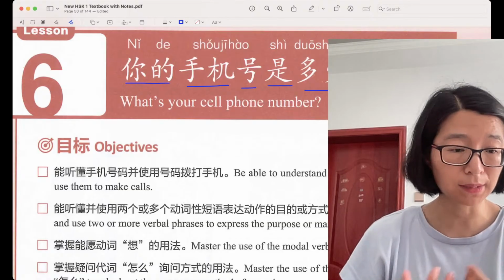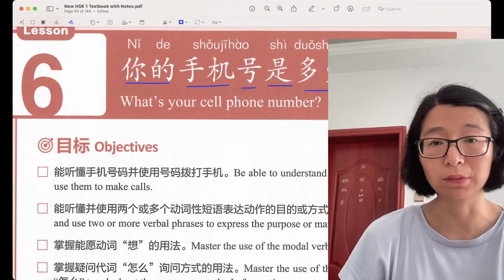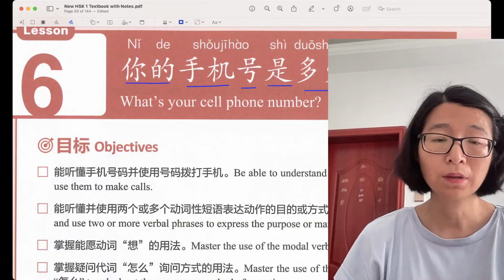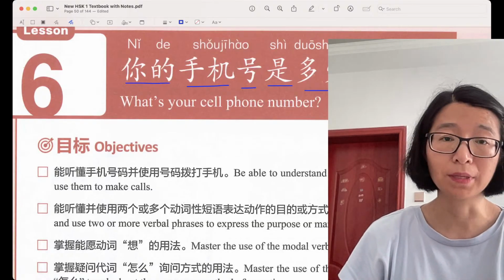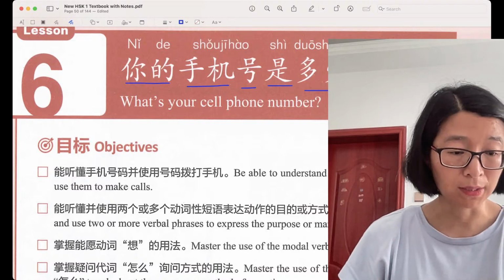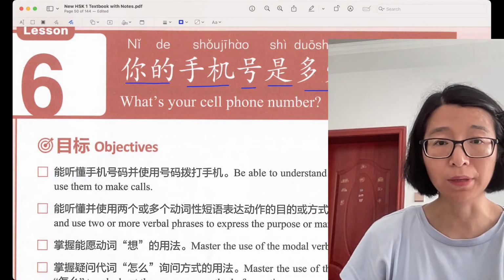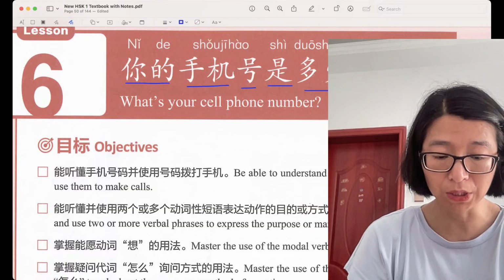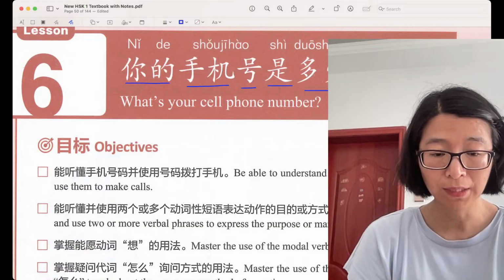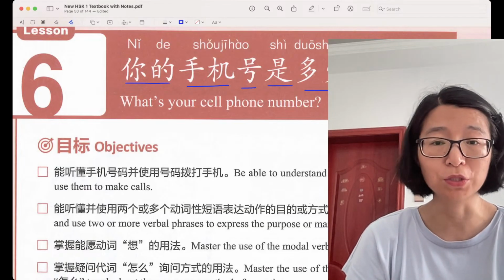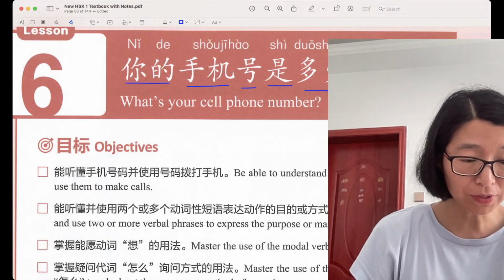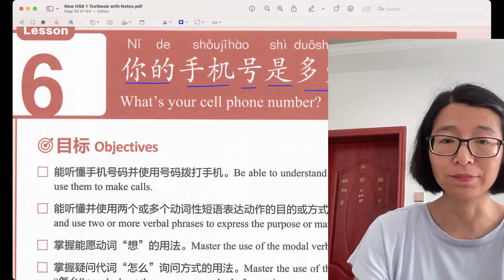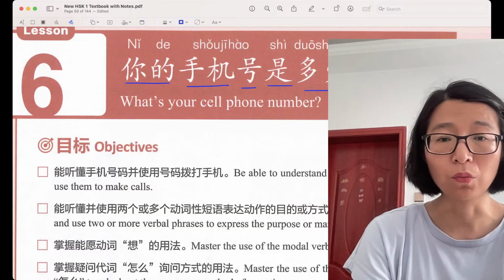So 多少 basically means you're asking a question about some number. If you want to ask someone's phone number you can use this sentence: 你的手机号是多少? So you're going to tell your phone number. That is something important.